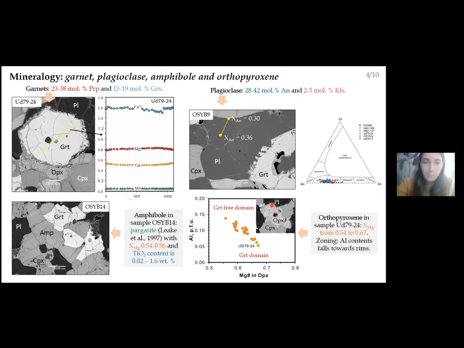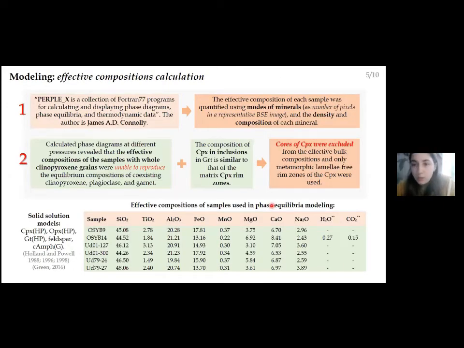Phase equilibrium modeling was realized using James Connolly's Perple_X, and we assumed that using an effective composition is more appropriate than using bulk composition because our xenoliths are altered by kimberlitic melts. So we used modes of minerals, densities, and compositions of each mineral to quantify the effective composition.